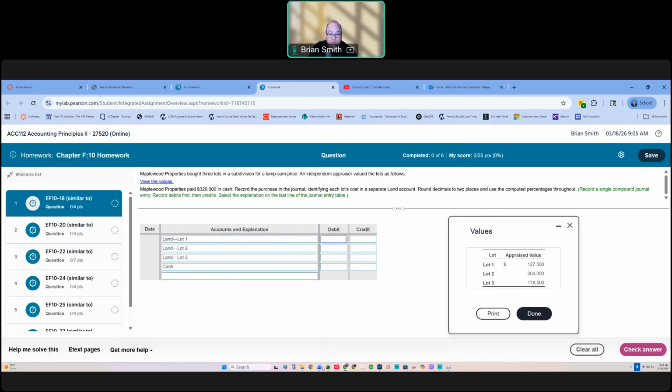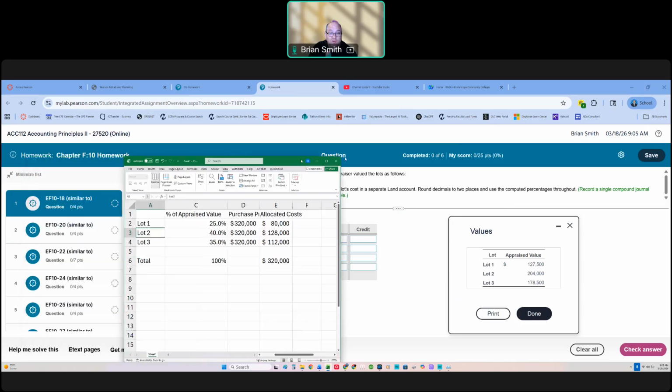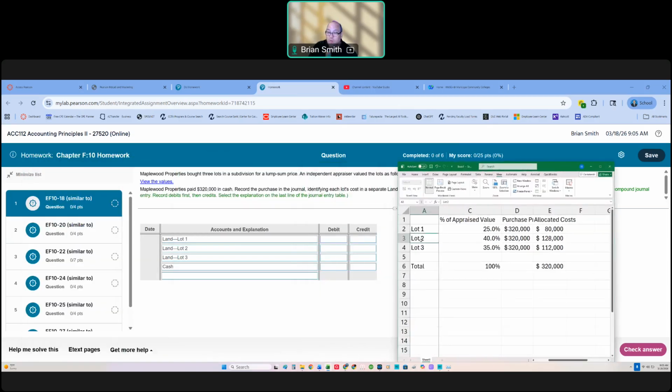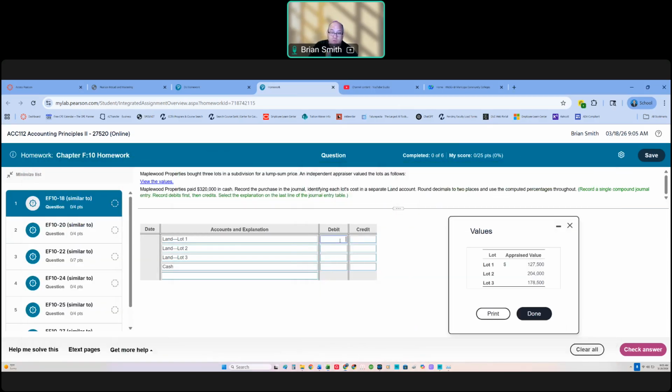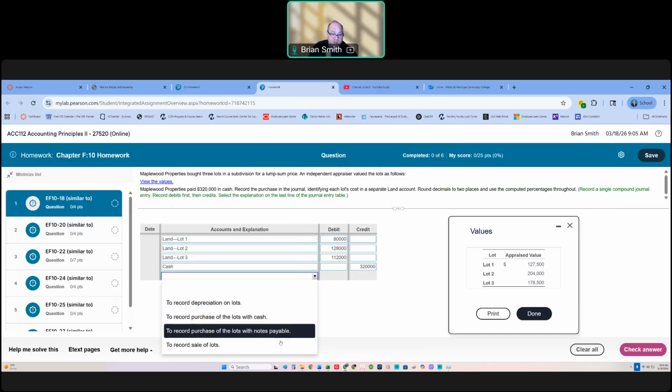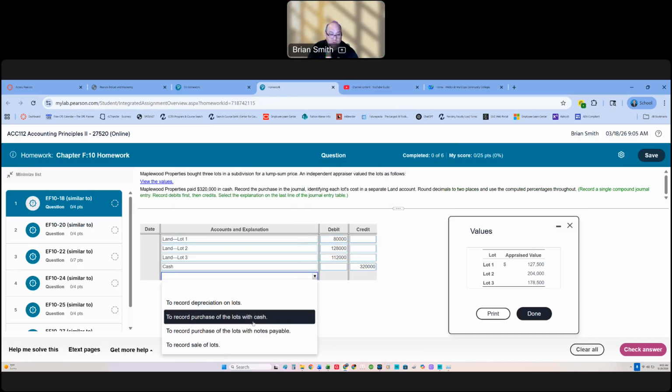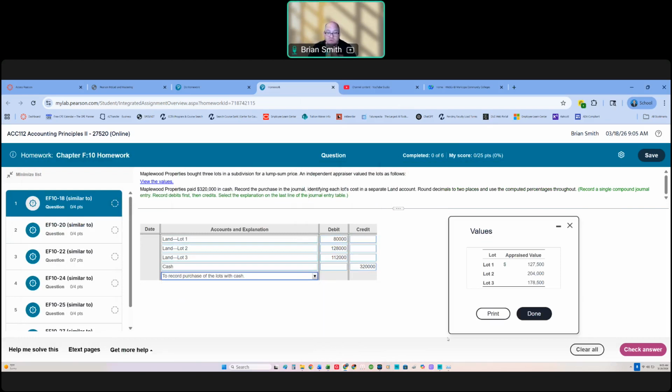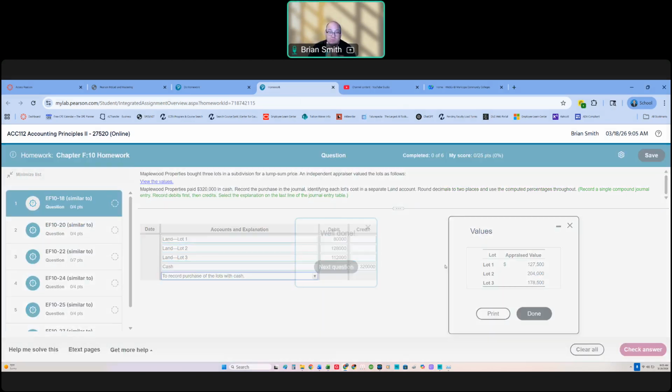So we're going to pull this information: 80,000, 128,000, 112,000, and the full purchase price was 320,000. And it's to record the purchase of lots with cash. Okay, there we go. That's how you allocate these costs.